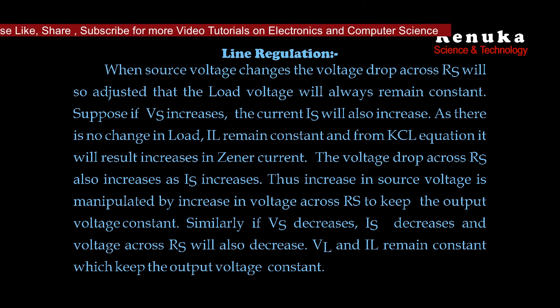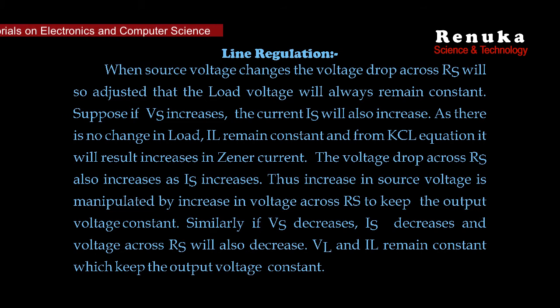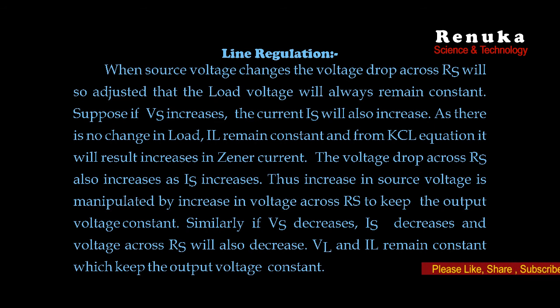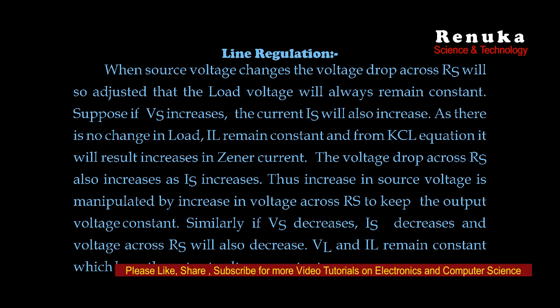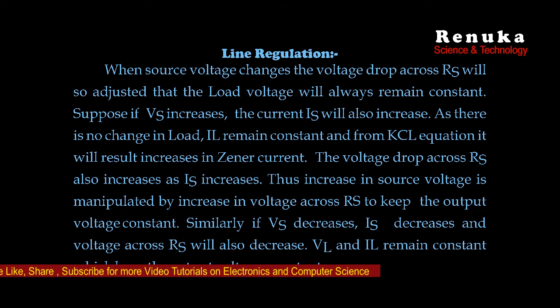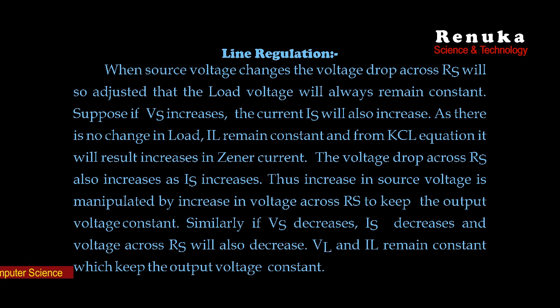From the KCL equation, it results in an increase in the Zener current. And when the Zener current fluctuates, the voltage across the Zener will remain constant. The voltage drop across Rs will also increase as Is increases. Thus, the increase in source voltage is absorbed by the increase in voltage across Rs to keep the output voltage constant.